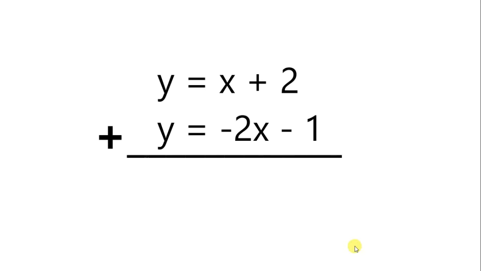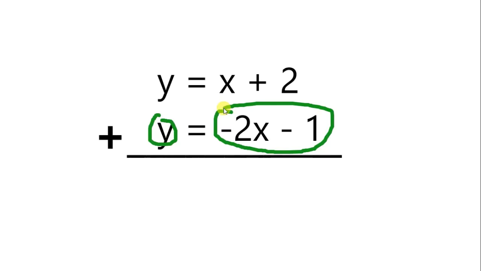So when adding two linear equations together, we are essentially adding two equal sides to both sides of the equation. This means we could actually add negative 2x minus 1 to this side and the y to that side.